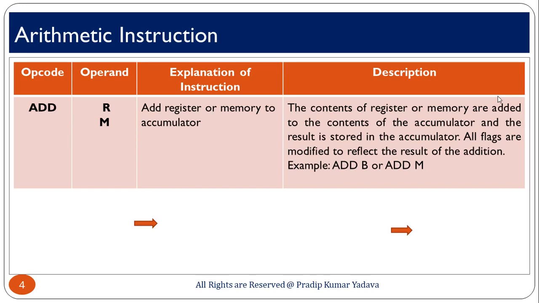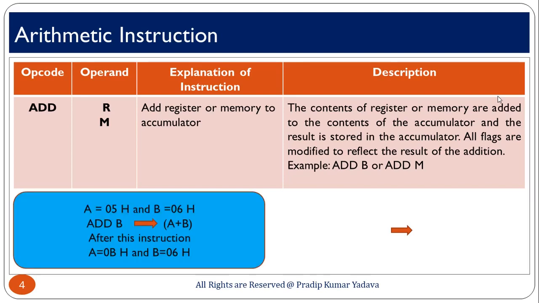Here M represents memory, and we have already discussed the meaning of M. Now, what is the definition of this instruction? The content of a register or memory address is added to the content of the accumulator and the output is stored in the accumulator. Let me take an example.